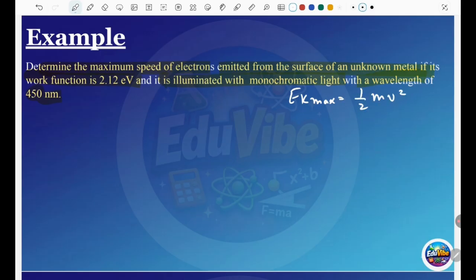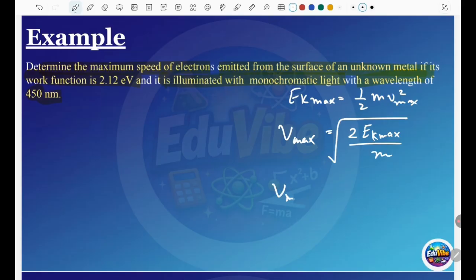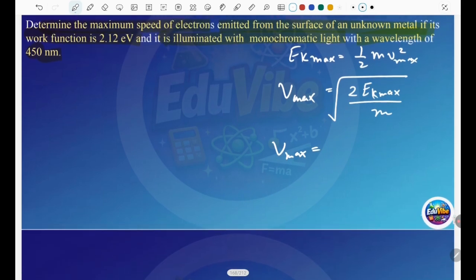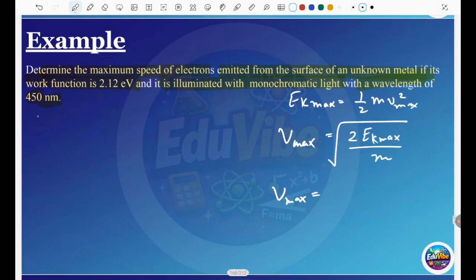From here you can find the velocity, which is v max equal to the root of 2 EK max divided by m, where m is the mass of the electron. But you don't have the EK max, so EK max can be found from something else. Let's do that.